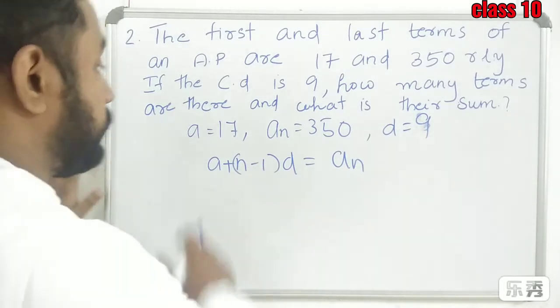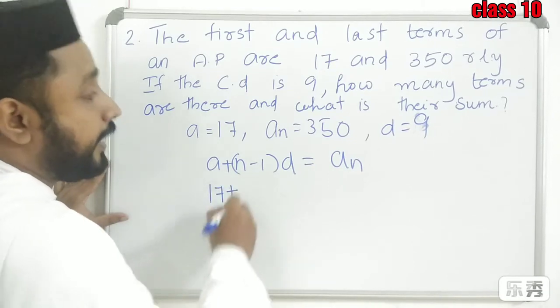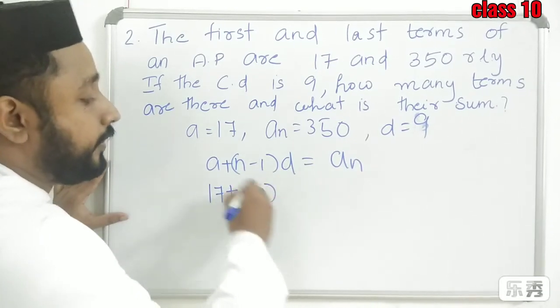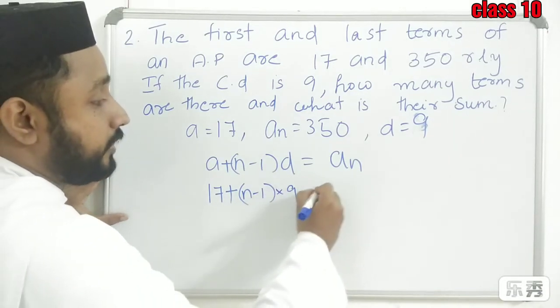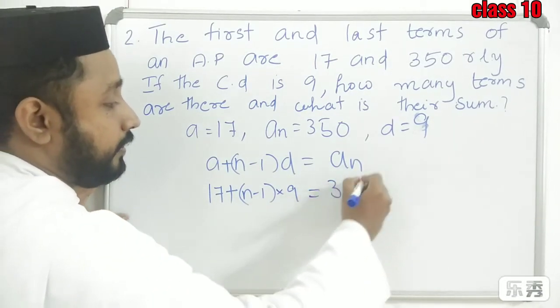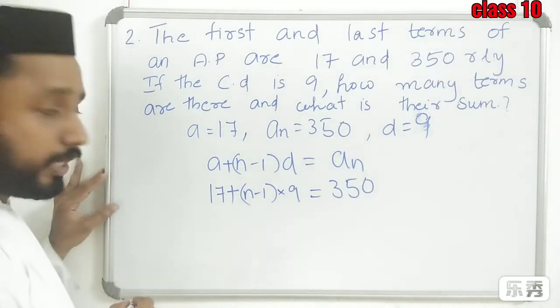Let us substitute the values. a is 17, so 17 plus n minus 1 into d, d is 9, which is equal to 350. Okay, 17 plus n minus 1 into 9 is equal to 350.